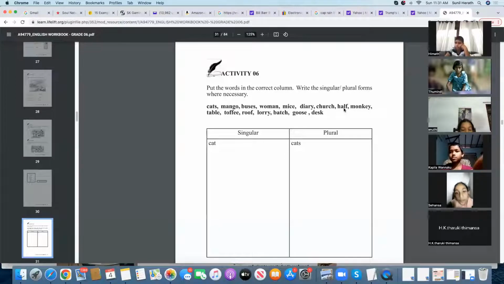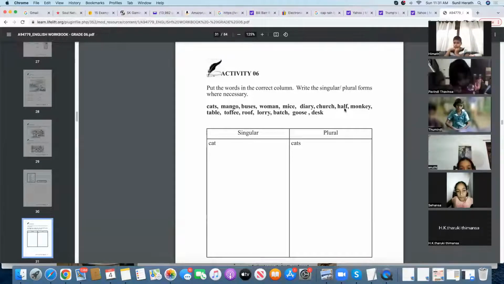No, because you wouldn't say halfs, you would say halves. So there would be HALV. Yes, halves. There would be a V. It wouldn't be HALFS. So you don't just add an S here because this ends in an F. You would add VES. Again, another weird rule.